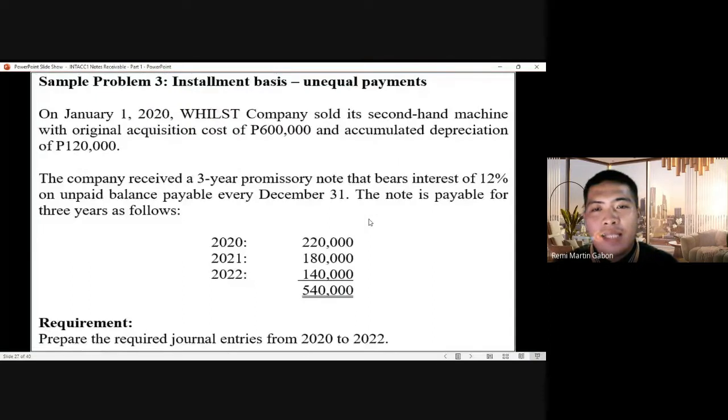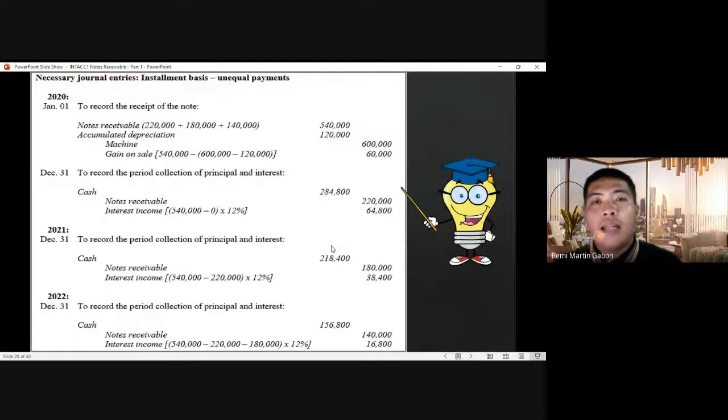Unequal payments is the assumption, but before receiving the first installment of 220,000, the unpaid balance is still 540,000, so it is still 64,800. It could just be coincidental. Then notes receivable is credited 220,000 and interest income 64,800. Total them up.